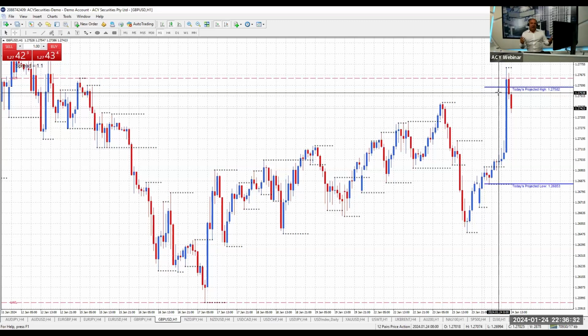But because I'm on an hourly chart and I can see it's up around today's projected high, that also is right near last week's high, it allows me to say, perhaps I could take some profit here, or if I want to be a buyer, maybe I don't want to buy into that. But I've got it kind of in front of my face on an hourly chart. So that's where these tools and this trading strategy allow you to not be as involved watching the market, setting some pending orders, having a logical approach.